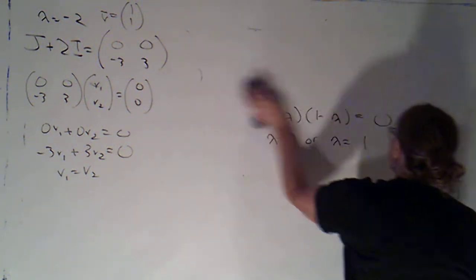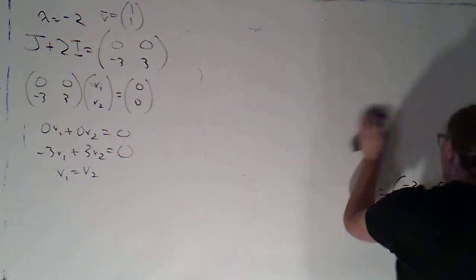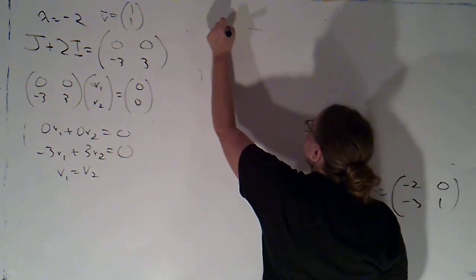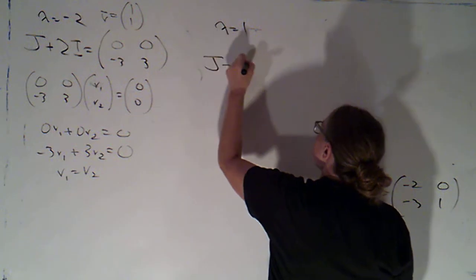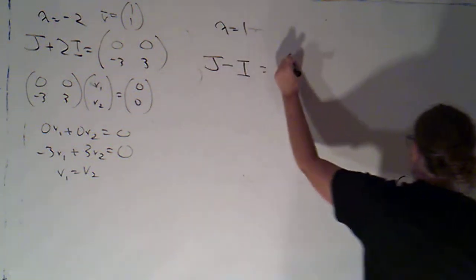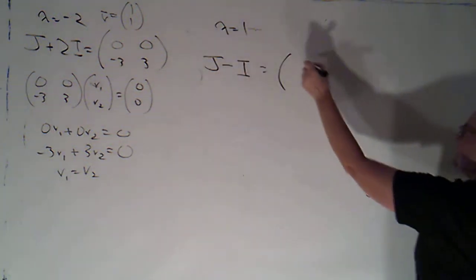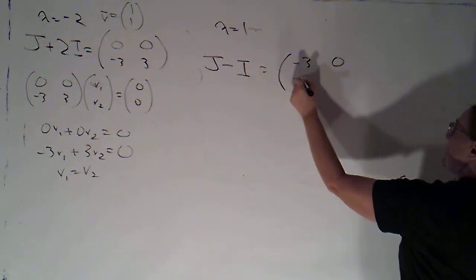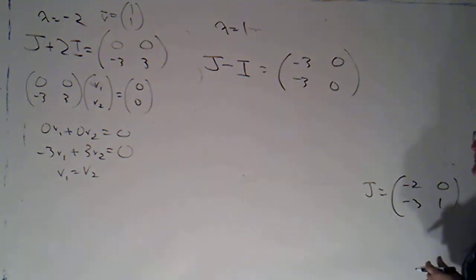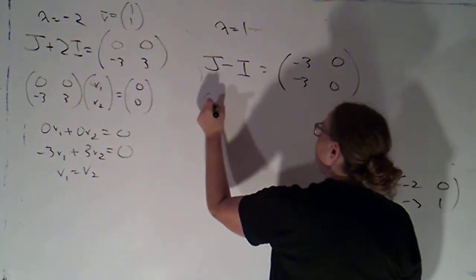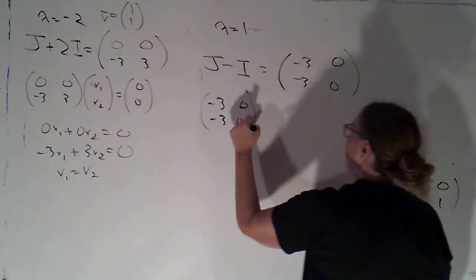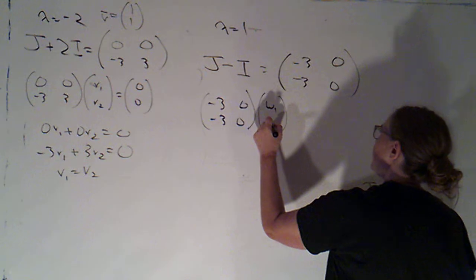So let's take a look at lambda equaling 1. If lambda equals 1, I'm taking a look at J minus I, and J minus I would be negative 3, 0, negative 3, 0. So we're trying to solve this system. I'm just going to use w's this time.